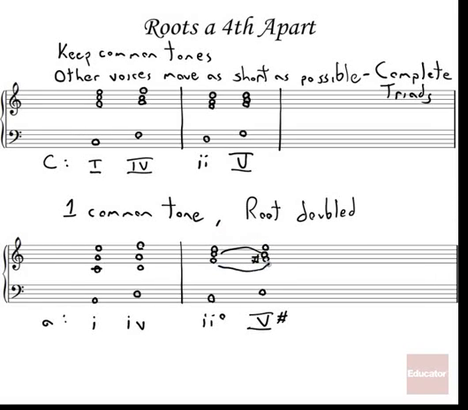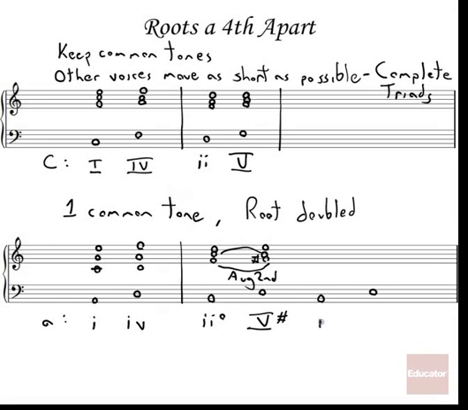But what ends up happening is that this becomes an augmented second, as we saw in our common voice leading pitfalls. So in this case, we need to make a different solution. So let's see what we can do here. So just like many cases with all this music theory we're looking at, there's always an exception to remember.